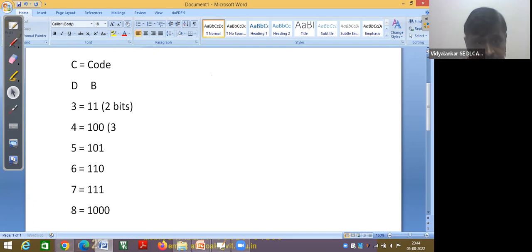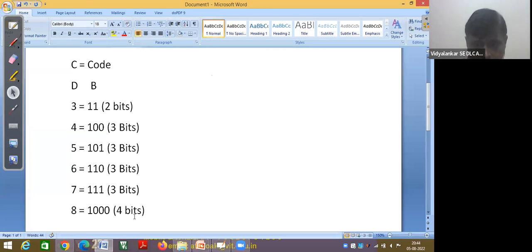There are 3 bits used to represent 4, 5, 6 or 7. And there are 4 bits to represent 8.